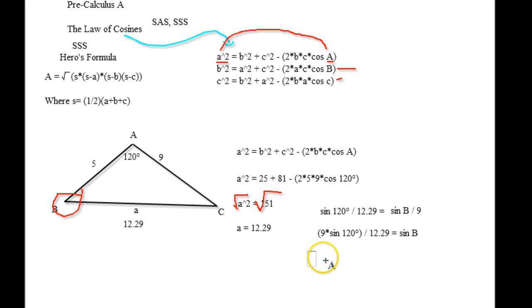Then on this one you would do arc sine, and this is going to be tricky because you're going to have some double parentheses in here.